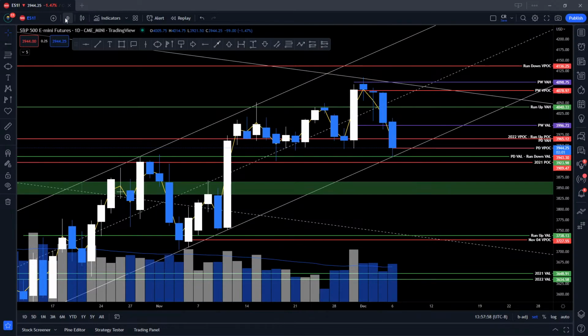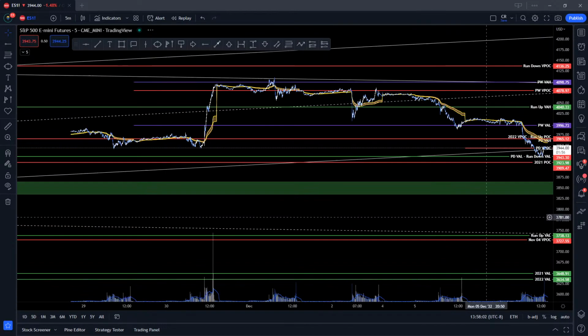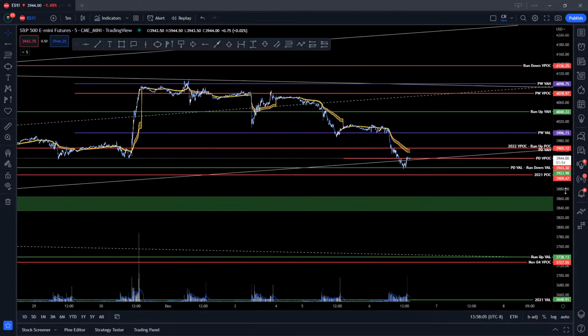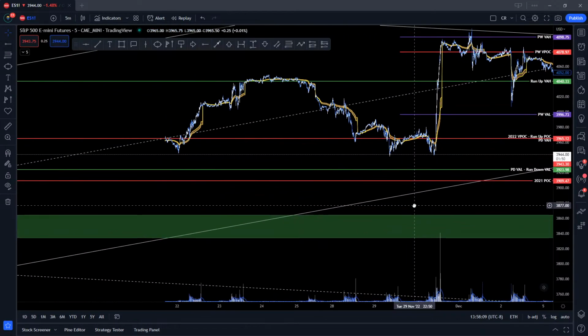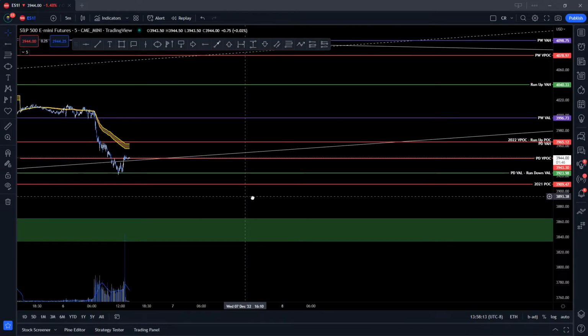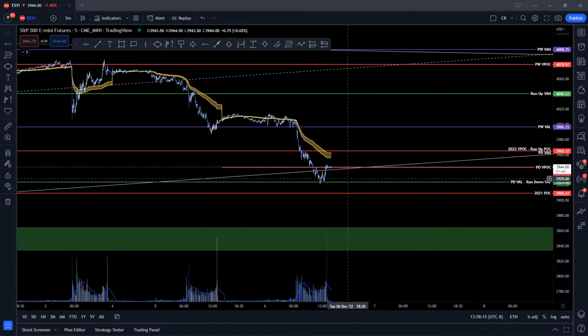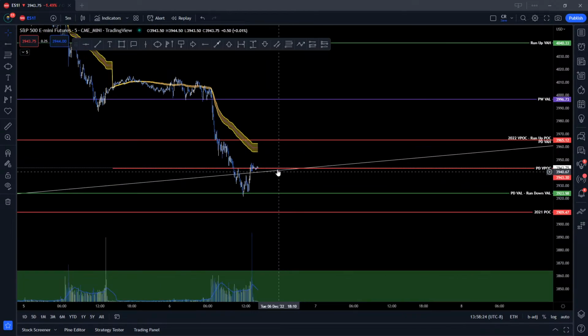going into tomorrow, if they give us a retest of this, this is going to be a great entry for longs. I doubt they will, but I'm looking here.